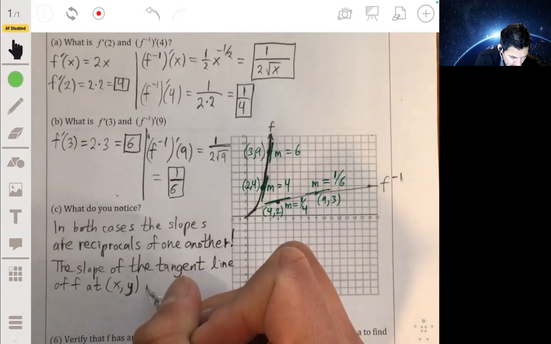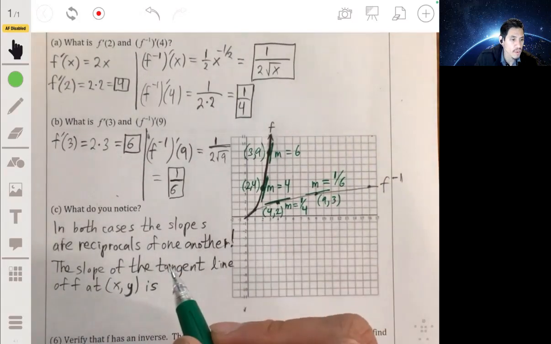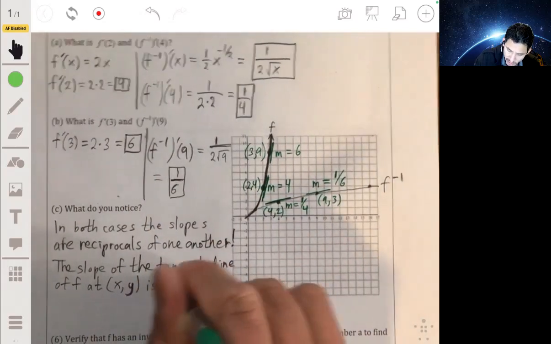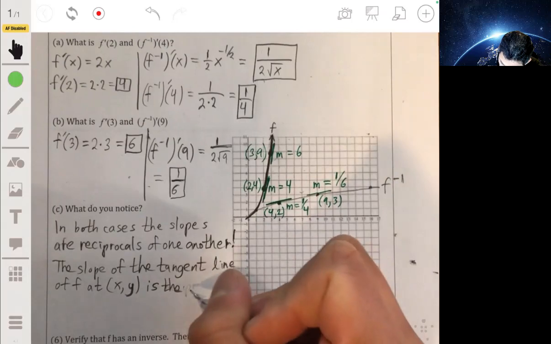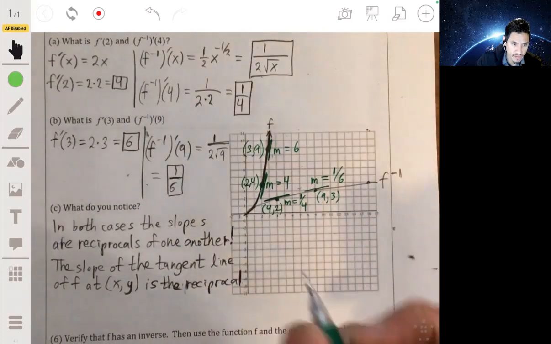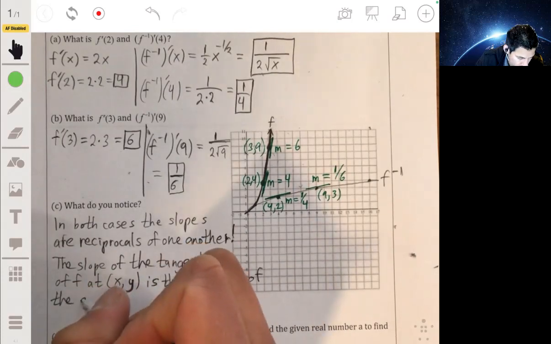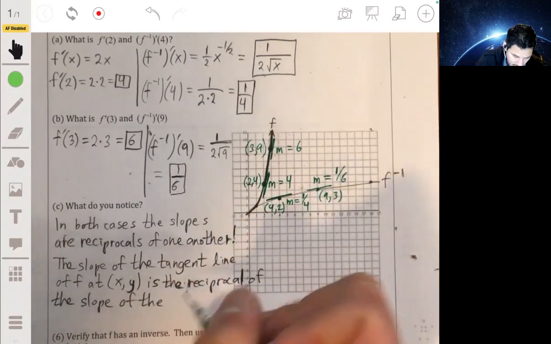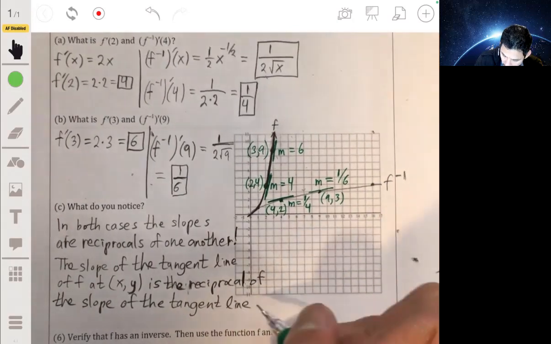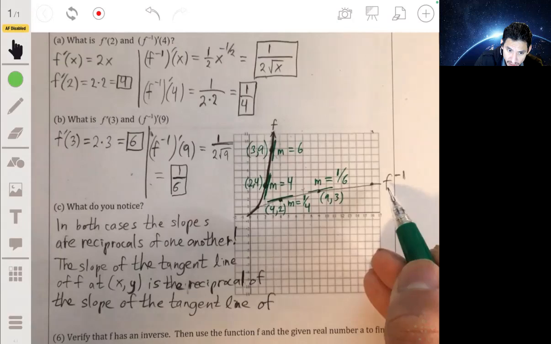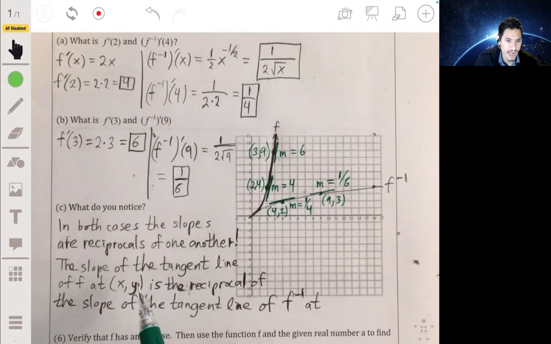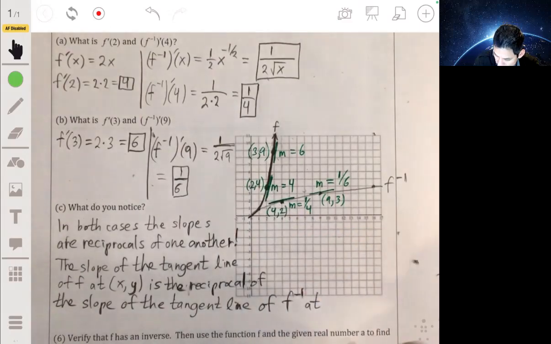So at any point (x, y), the reciprocal of this slope is the slope of the tangent line of f inverse at, not (x, y), but (y, x), because you see the coordinates x and y are swapped.